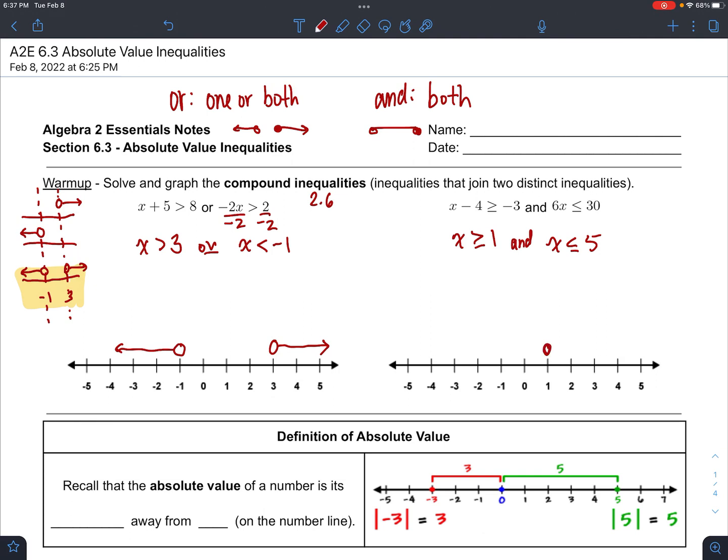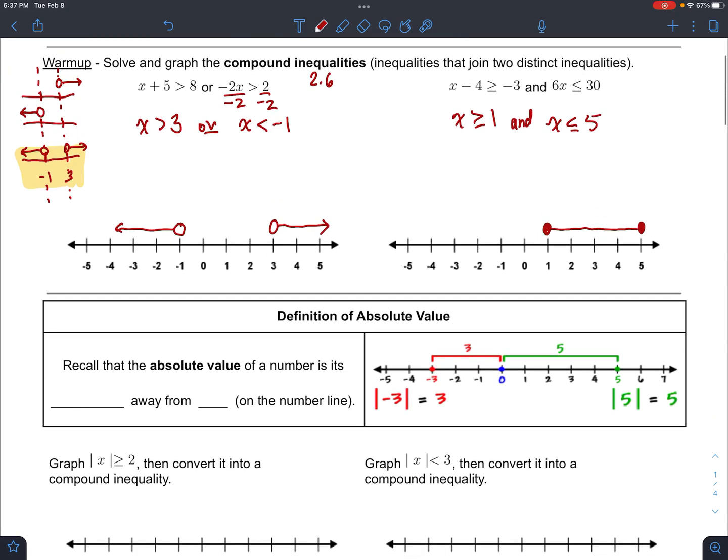So what we'll do is we'll put a point at 1 solid, put a point at 5 solid, and then if we're bigger than 1 and less than 5, it would be this segment here. So and is going to be a segment for us, and or is going to be 2 different possibilities.